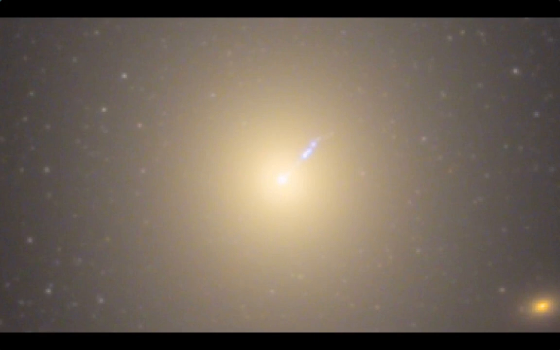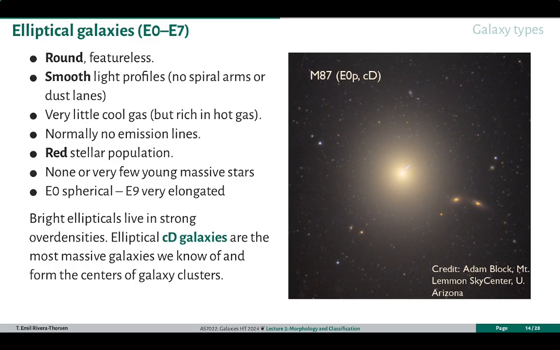And what we see here is a jet that is being ejected with very, very high velocity from this supermassive black hole. A supermassive black hole that is, if I remember correctly, around 9 billion solar masses in mass. So quite extreme.